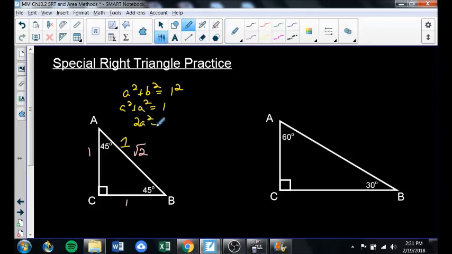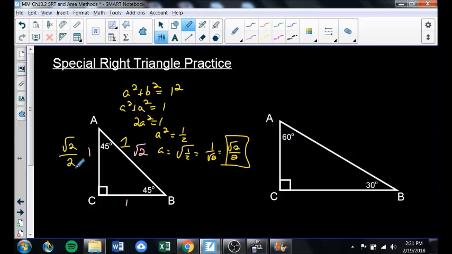So 2a squared is 1, so a squared is a half. So a is the square root of a half, which is, the square root of 1 is 1, so it's 1 over root 2, which rationalizes to root 2 over 2. And that number there is of critical importance. If this is length 1, then this is root 2 over 2, and this is root 2 over 2.